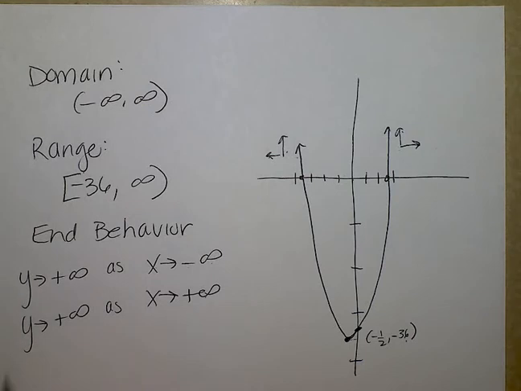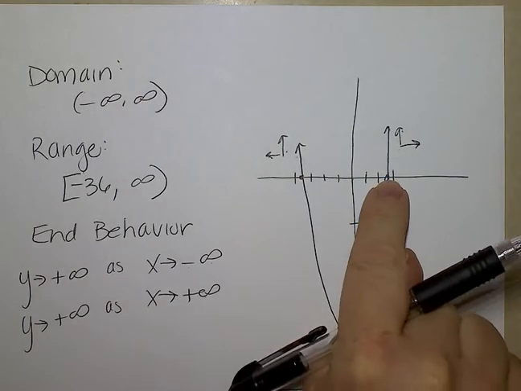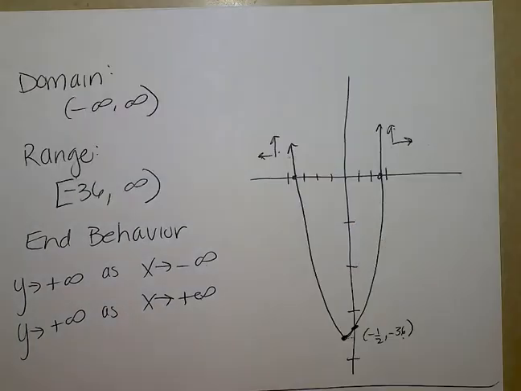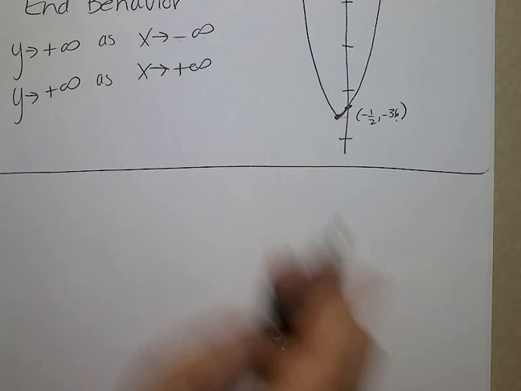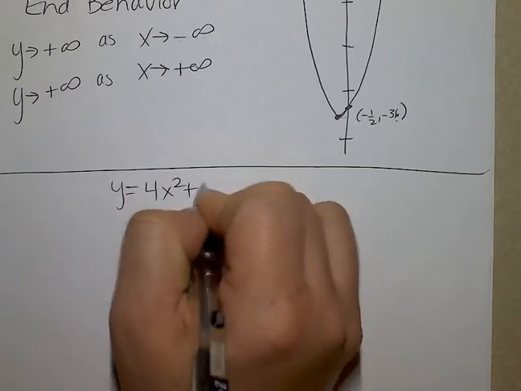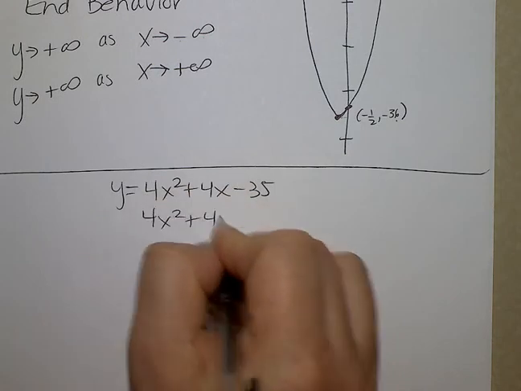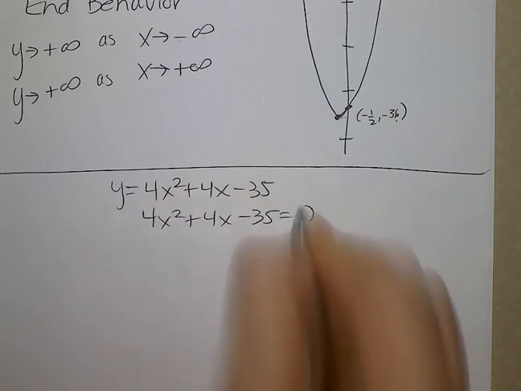Okay, your last one, even though we've already identified the two solutions as +2.5 and -3.5, we are going to use either the quadratic formula or completing the square method to solve. So I'm going to take the equation that we were given, and I'm going to set it equal to 0, and I'm going to choose to use the completing the square method to solve this.